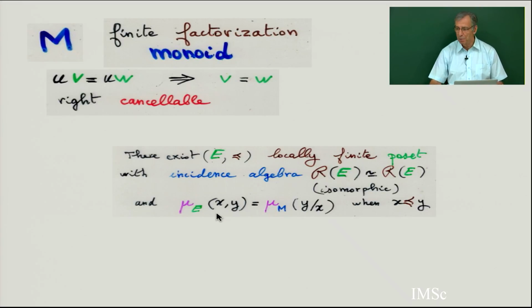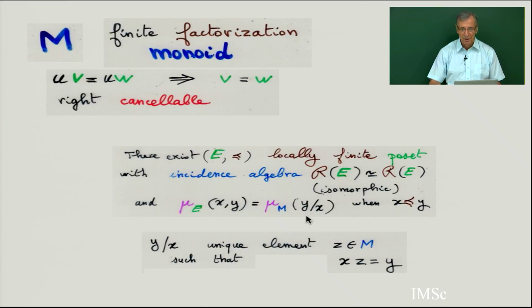But the Möbius function of the poset has two arguments, x and y. In the monoid there is only one argument, but the Möbius will be y divided by x, which makes sense. Y divided by x is the unique element z such that xz equals y. This element exists because M is cancelable.